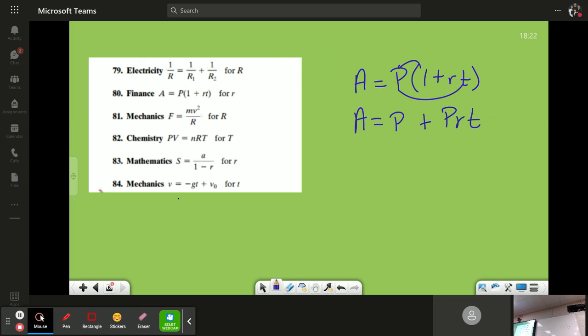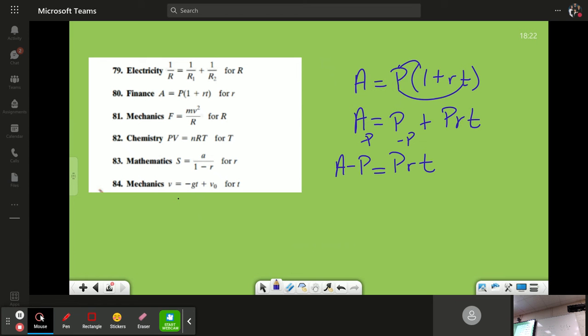Now it's a little bit backwards, but this is your two-step, right? There's R that I got to get alone, so that's my variable. That makes these guys the coefficient, and this guy is the constant. So I'm going to get rid of that constant first. I'm going to say minus P. So A minus P equals P times R times T.